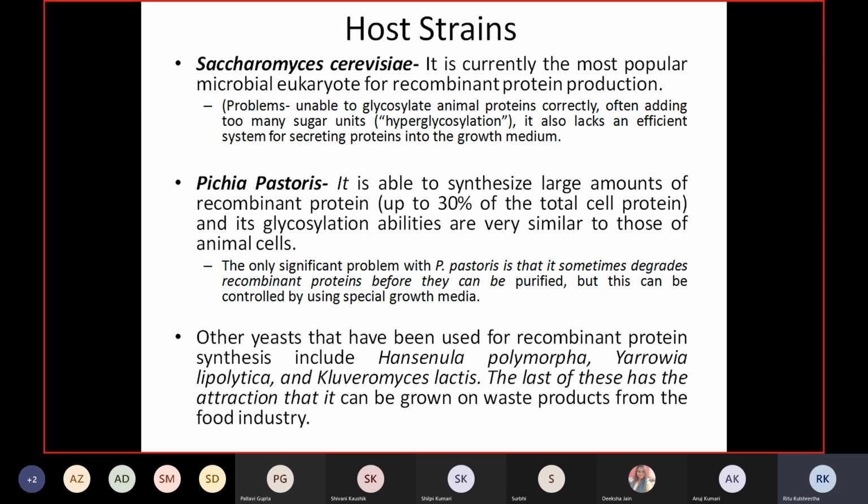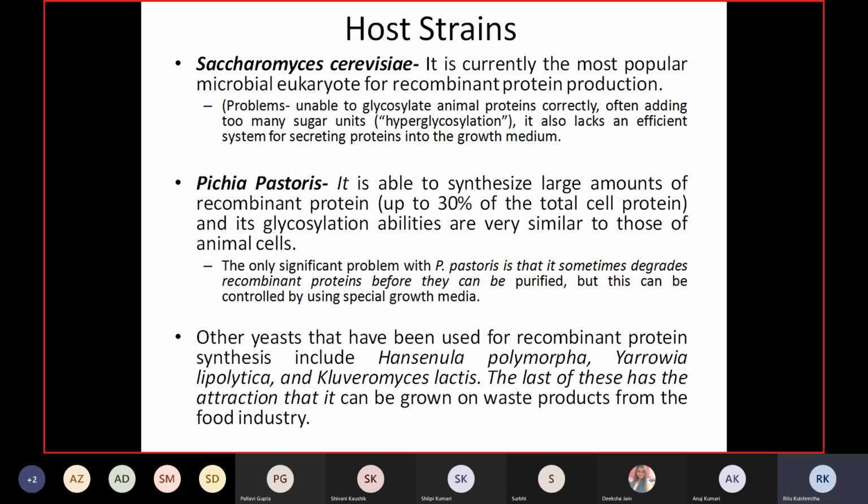Now we know the function of many genes which are present in S. cerevisiae. So overall, we pretty much know the function of almost all genes which are present in this. So even the manipulation of host strains for betterment of the expression of your gene of interest is easy here.